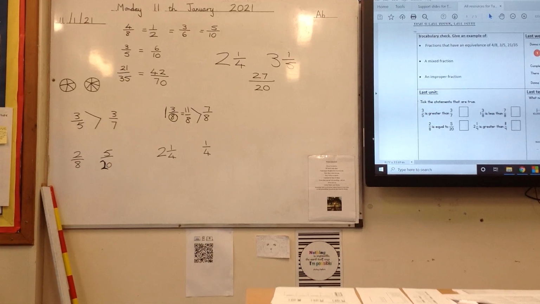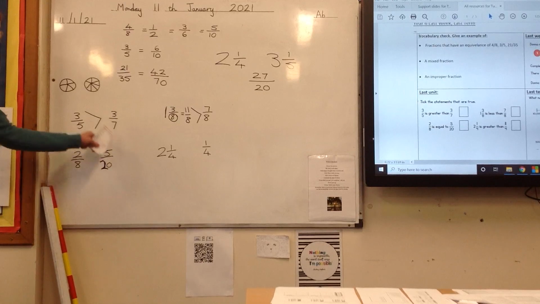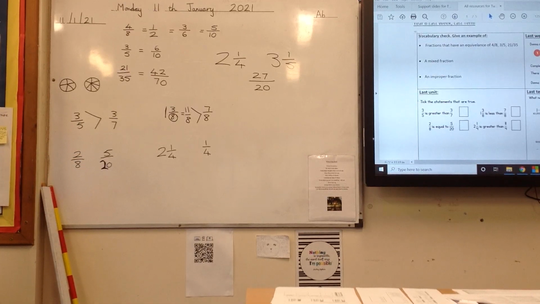What could you tell me about 5/20? Anybody spot anything that is going to help us with this question to make it a lot easier? Well, 2 goes into 8 4 times, and then 5 goes into 20 4 times. So I think they're both equal. Right, good. Okay, let's hang on to that thought.